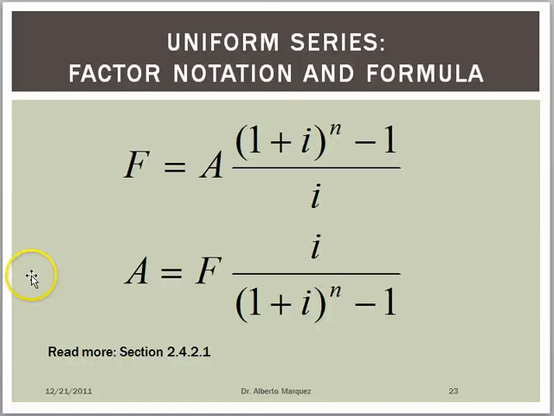And using those two factors and of course the amount that you're saving, you can figure out how much money you will have at the age of your retirement. Or also you can figure out how much you will need to save if you have a particular target for your retirement.